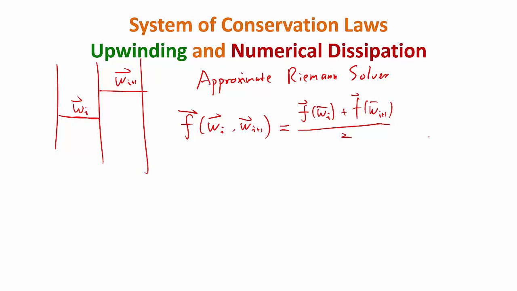Things just get wildly oscillatory. But then I'm going to add a numerical dissipation, D times half of Wi bar minus Wi plus 1 bar.